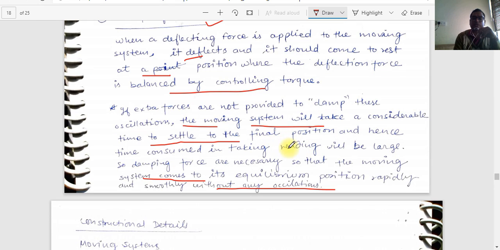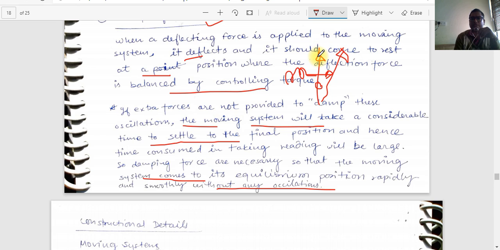Suppose there is a pointer. When the deflecting force is applied, it moves. When it moves, an appropriate distance should be covered, and it is connected with a spring that is called the controlling force.